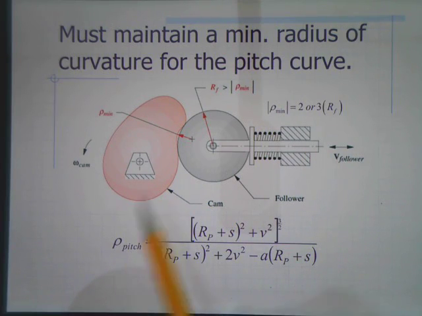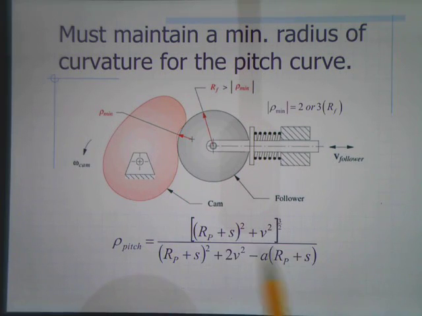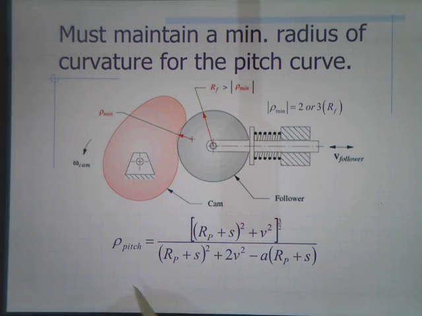How do we determine what the pitch curve is for a particular cam? Well, here's the equation for you. You do not have to memorize this equation, but just like the pressure angle, it changes for every position along our cam from 0 to 360 of that cam rotation. As we go around this particular cam, we'll have different values of the pitch curve, or the radius of curvature.